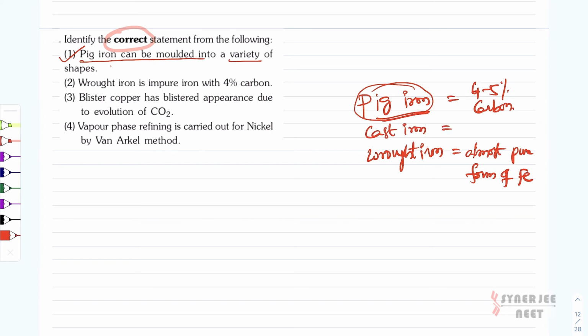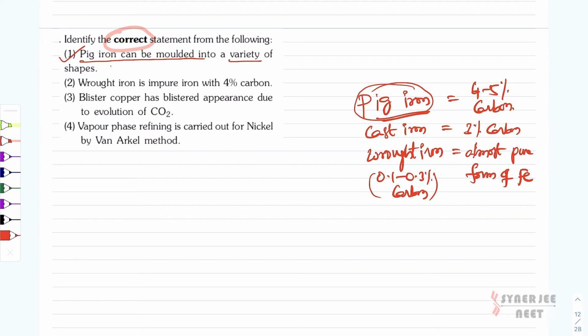Cast iron contains around 3 to 4% carbon. And wrought iron contains around 0.1 to 0.3% carbon. So among these three, wrought iron is the pure form, which contains very little carbon.